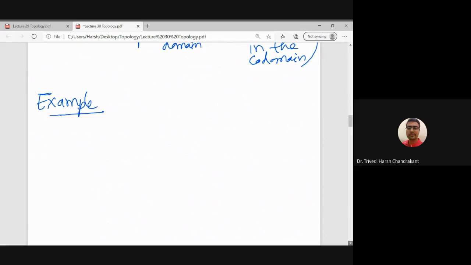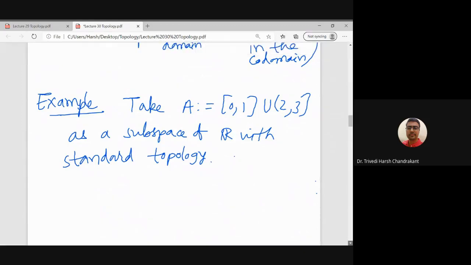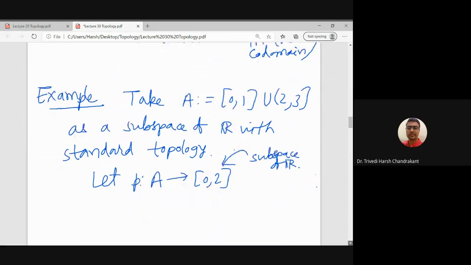Take A to be the set [0, 1] union the open-closed interval (2, 3], as a subspace of R with the standard topology, and now consider a function p from A to the closed interval [0, 2], where again we consider the subspace topology as a subspace of R with the standard topology.